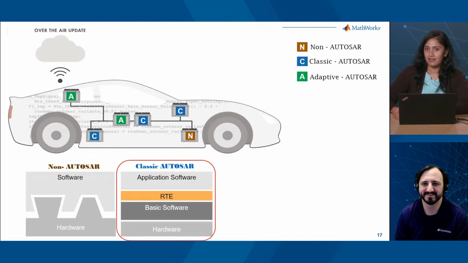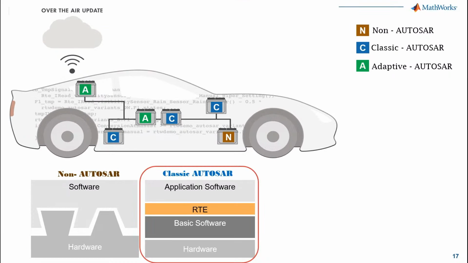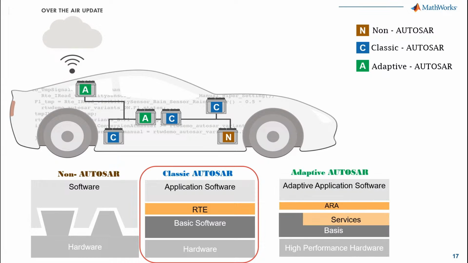Okay, thank you. Yeah. So here is a picture of a car. In today's car, most of the cars on the road have both non-AUTOSAR as well as AUTOSAR Classic ECUs. Going forward, AUTOSAR Adaptive based application ECUs will continue to coexist with AUTOSAR Classic.